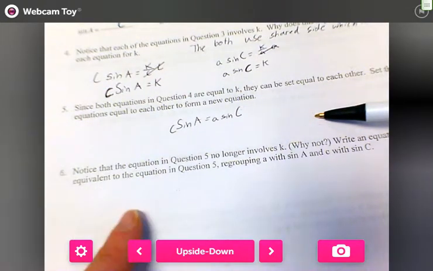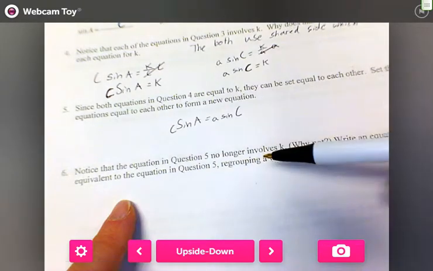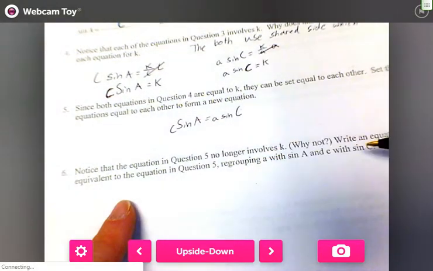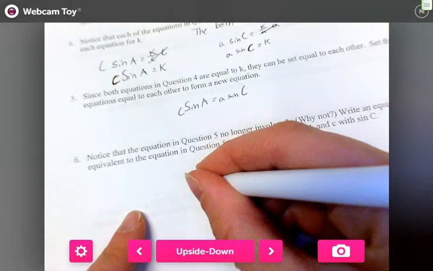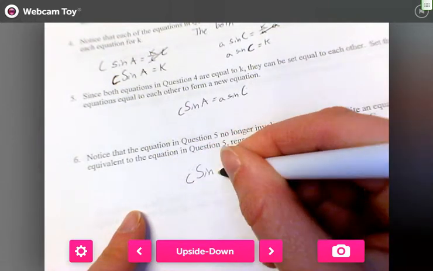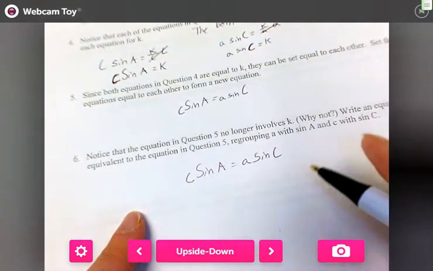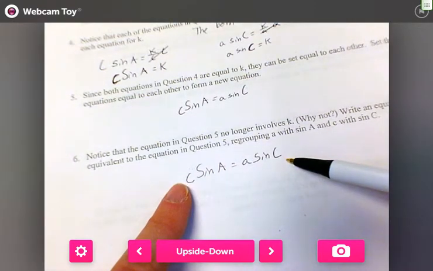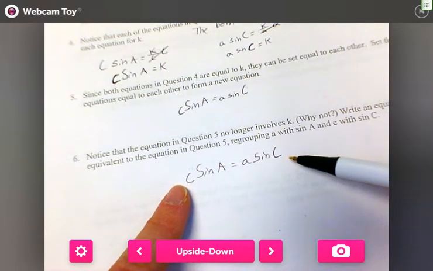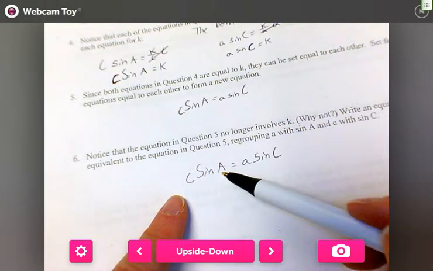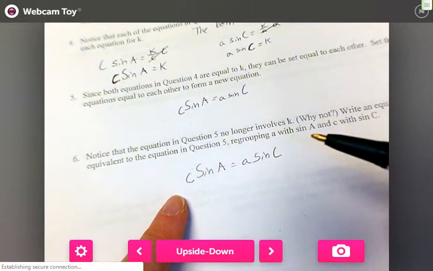Okay. Write an equation equivalent to the equation in question 5, but regrouping sine A with a and sine C with c. Okay, so if I've got little c sine A equals little a sine C, how am I going to get the c's all on one side and the a's all on the other side? Well, what is little c doing to sine A here? Adding, subtracting, multiplying, dividing? What's the opposite of multiplication? Division.